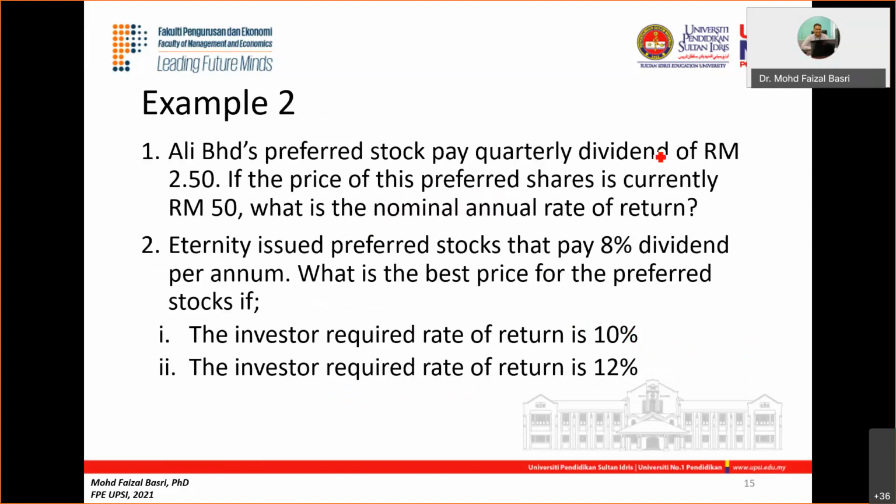So for example, this question 1, example 2, Ali Berhad's preferred stocks pay a quarterly dividend of 250. And if the current price is 50 ringgit, what would be the required rate of return ataupun the nominal annual rate of return? So if this is the case, you're going to use this formula, the K, because the question asks you to find the returns.